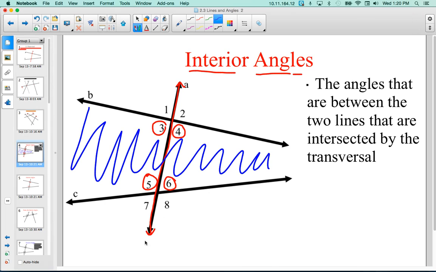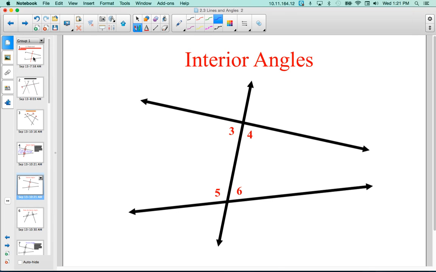Everything in between the two lines that the transversal is intersecting would be the river, and every angle that lies in the river would be the interior angles. You don't have to use that, but if it helps you out, please do so. So again, our interior angles are angles 3, 4, 5, and 6 in this case.